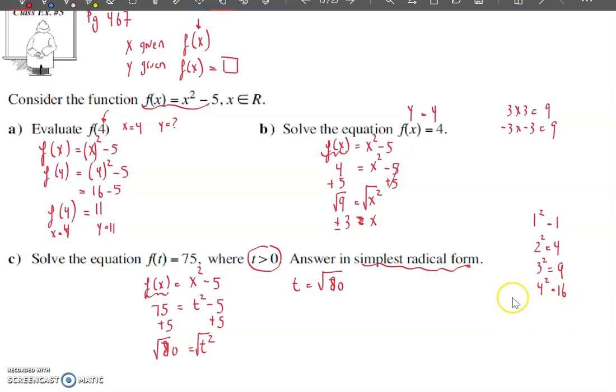I'm going to try doing that. So in your calculator, if you try doing that, 80 divided by 16 gives you 5. That's actually perfect. We can't go any higher because 5 is a prime number. So you write that as square root of 16, square root of 5. And we know the square root of 16 is 4. So it'll be 4 root 5.